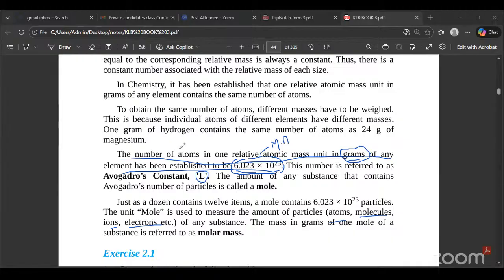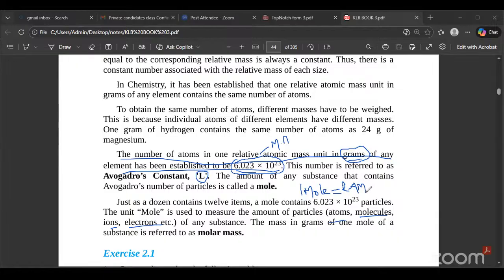Now it means 1 mole of a substance, any substance in that case, because that is what we are being told, contains the Avogadro's number of particles. That is equivalent to, number 1, the relative atomic mass.